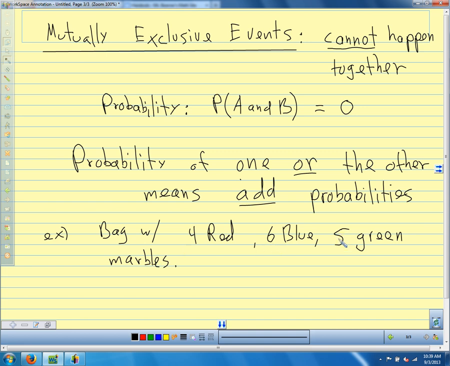So these are what's in the bag. So what we're looking for is we want to pick a red or green in our first pick.